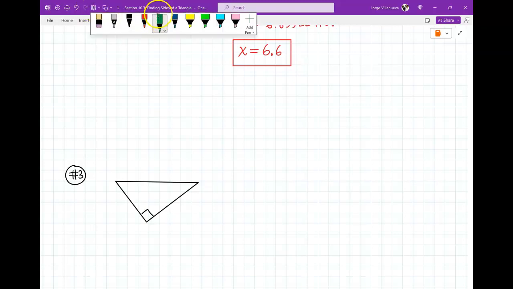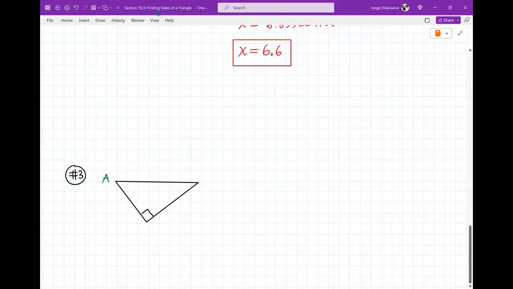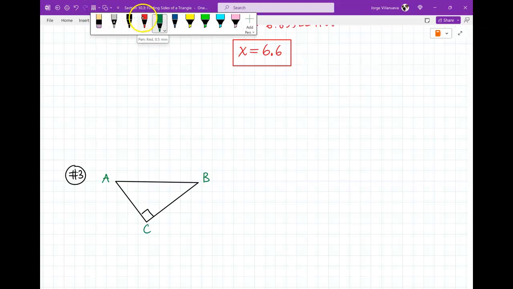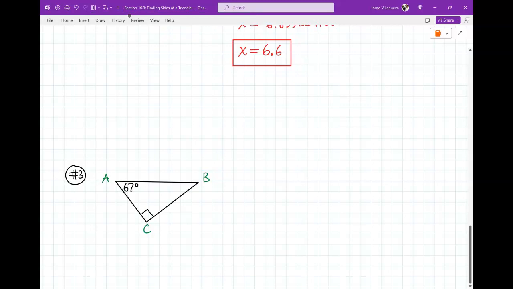I'll put my ABCs here, so we'll call this A, B, C. We'll put one of the angles as 67 degrees. We'll call this X, and we'll call this, I don't know, 20.